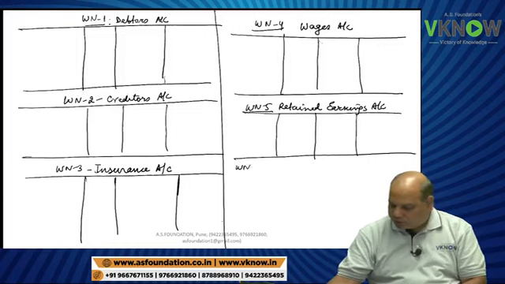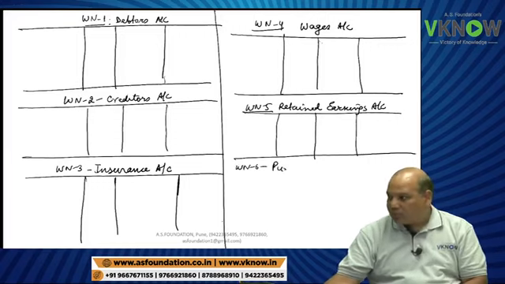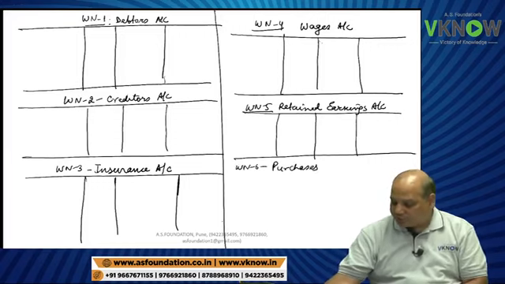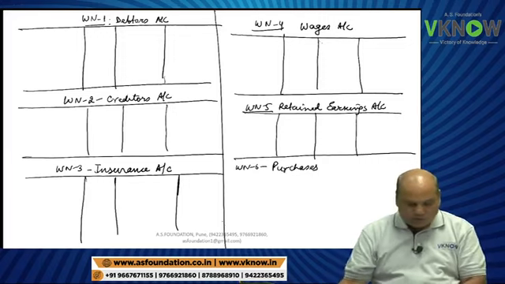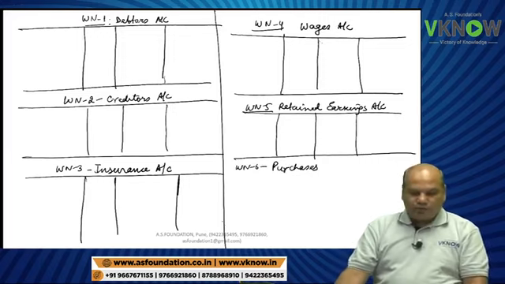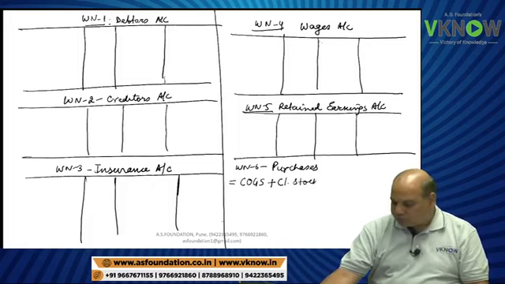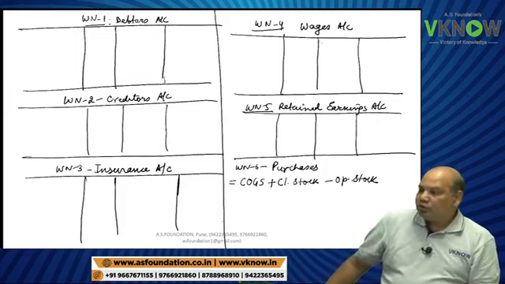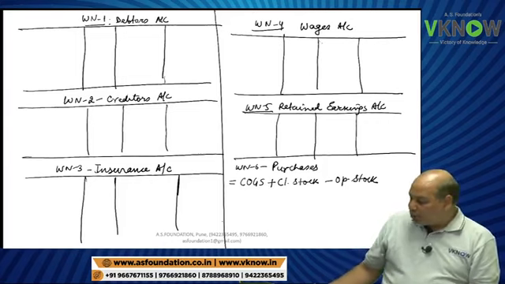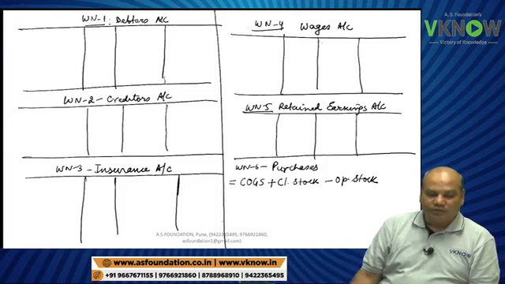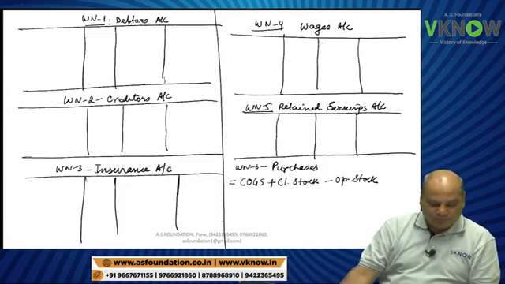And working note 6, write down purchases. Everybody write down this answer: purchases equal to cost of goods sold plus closing stock less opening stock.